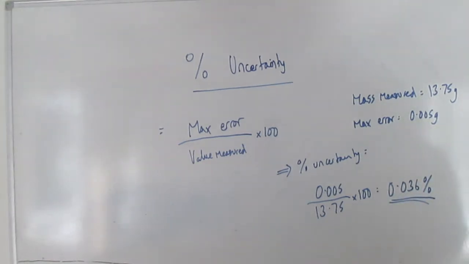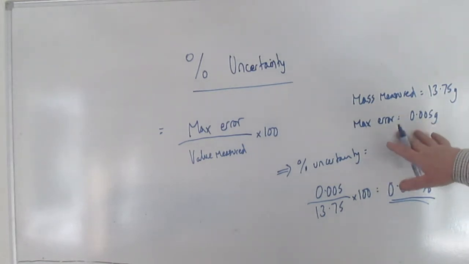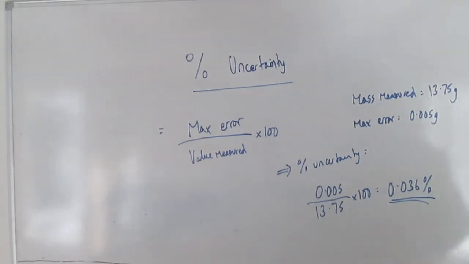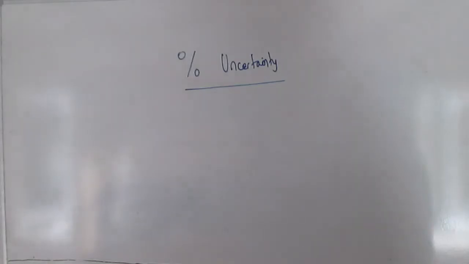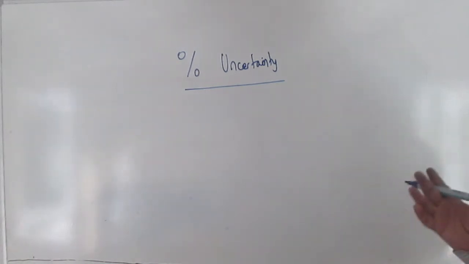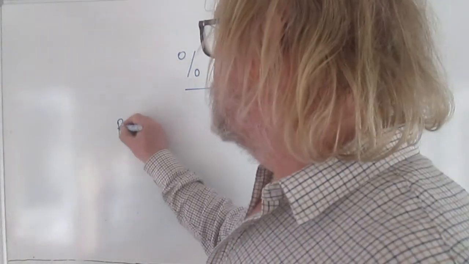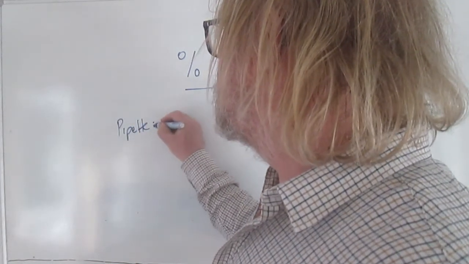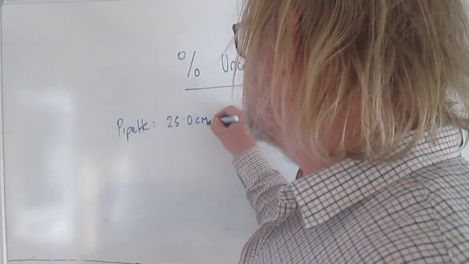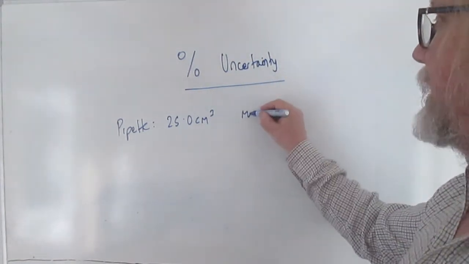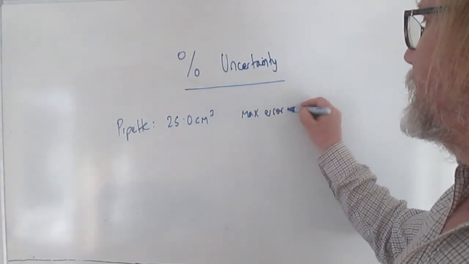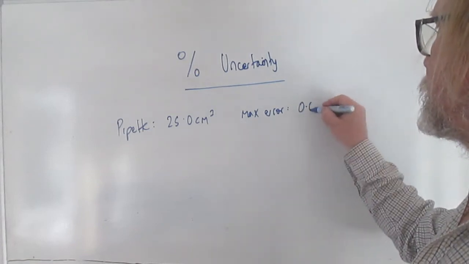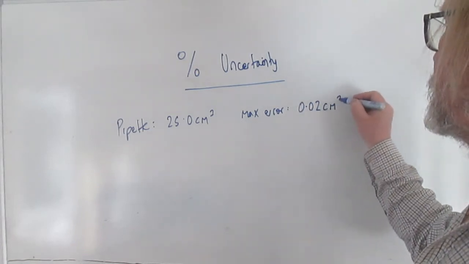Okay, so that's a very small percentage error. So that means that if your maximum error is as small as that, then a mass of that reading of that sort of size you can measure really very accurately. Now, most of the time in chemistry questions, they will just tell you what the percentage error is. So, for example, you might have a pipette, which is notionally 25.0 cm cubed, but they might tell you that the maximum error is, say, 0.02 cm cubed.